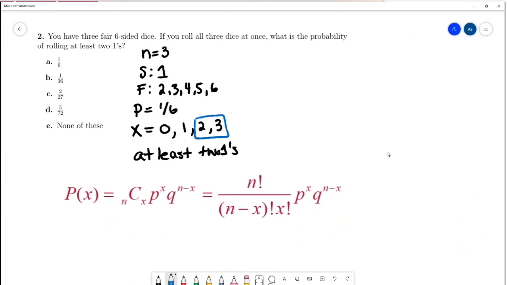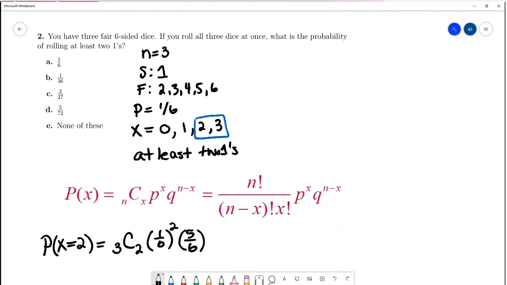So let's calculate the probability of 2 successes. The probability that x equals 2 will be 3 trials with the combination formula for 2. p is 1/6 to the 2. q, that's 5/6, and this is going to be to the n minus x, number of trials minus our x value.